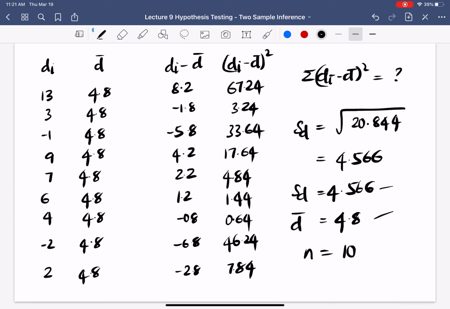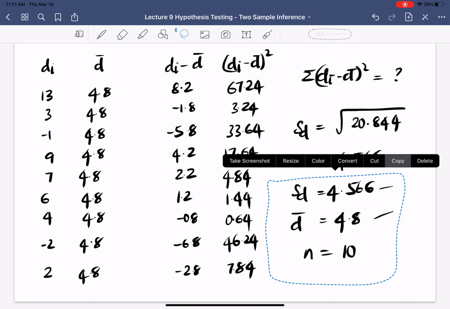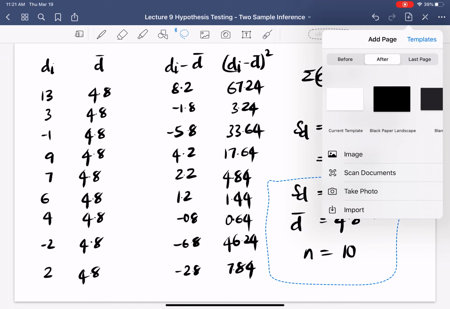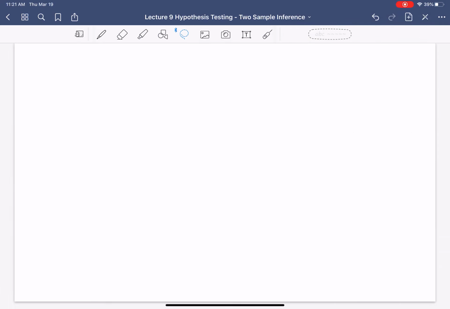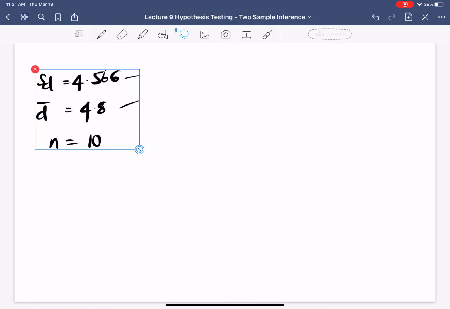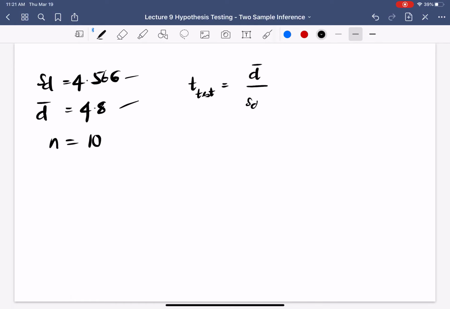So let's use the three values that we have now so that we can do the rest of the problem. So we have ESD, D bar and N. Now, calculate the T statistic, or T of the test, which becomes D bar by ESD by root 10.